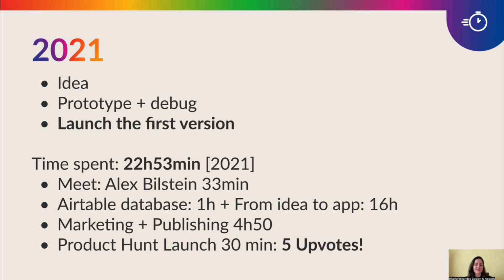This includes the 30-minute call I had with Alex, the 1 hour I had to see his Airtable and how it was structured to restructure the app, 16 hours I did to play with the design of the app, and also a little bit about marketing and publishing the app, and the image for the App Store and Play Store that took about 4 hours and 50.